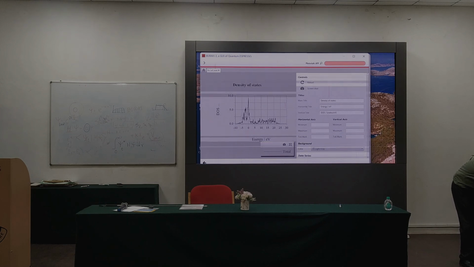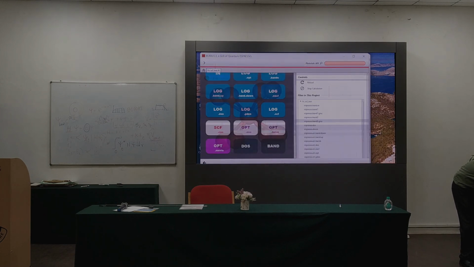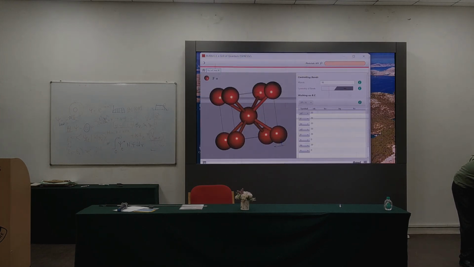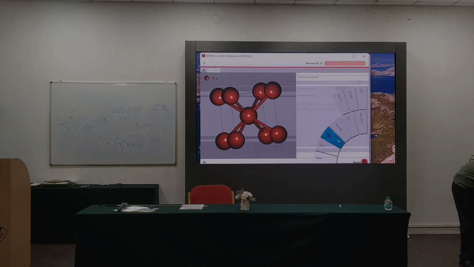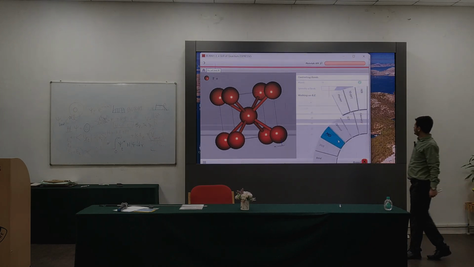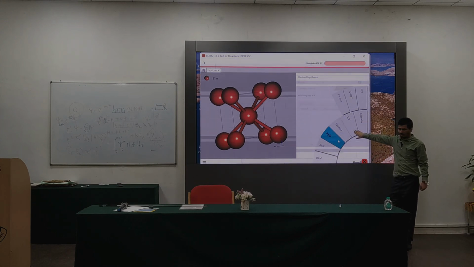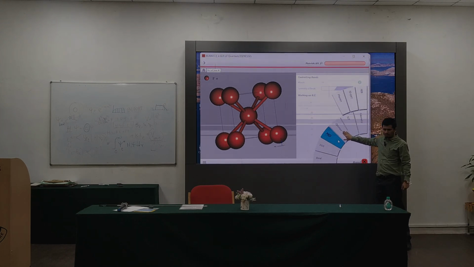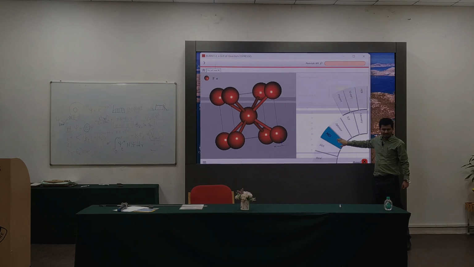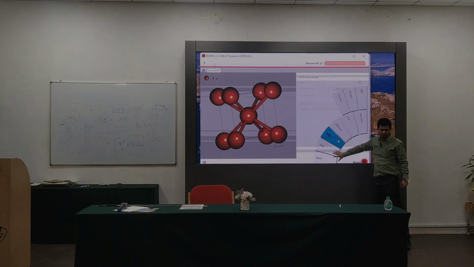Other than this, I showed you geometry and SCF; optimization I didn't show, molecular dynamics I didn't show, DOS and bands I showed.